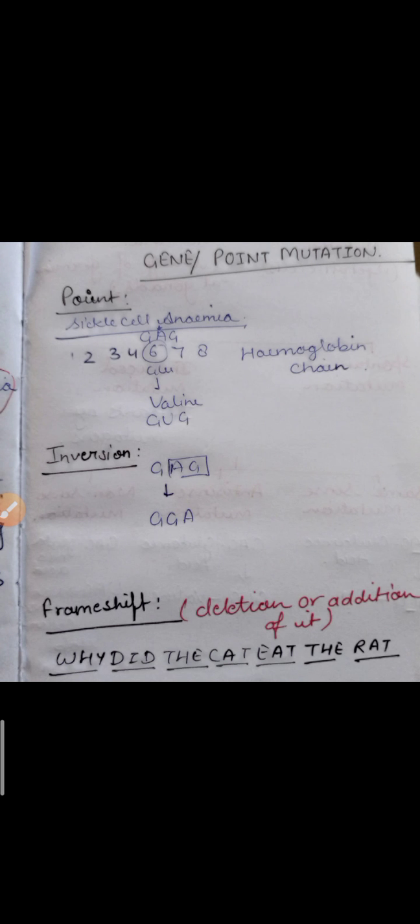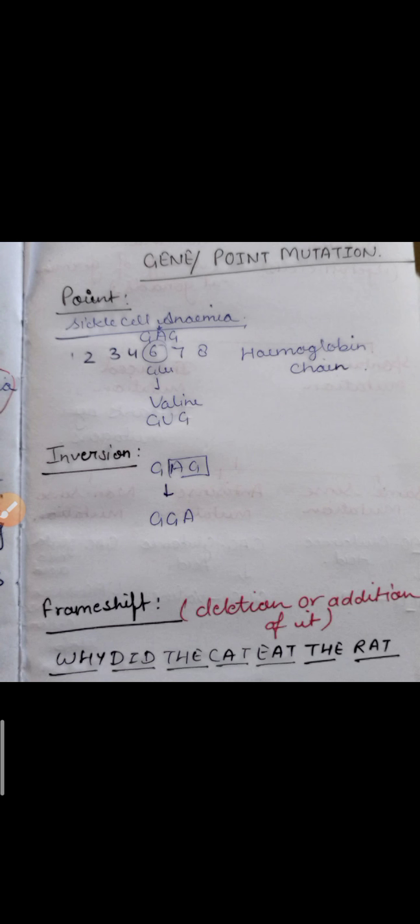So GAG codes for glutamic acid. This one triplet genetic code, GAG, in the sixth position of the gene, codes for one amino acid, and this amino acid is glutamic acid.